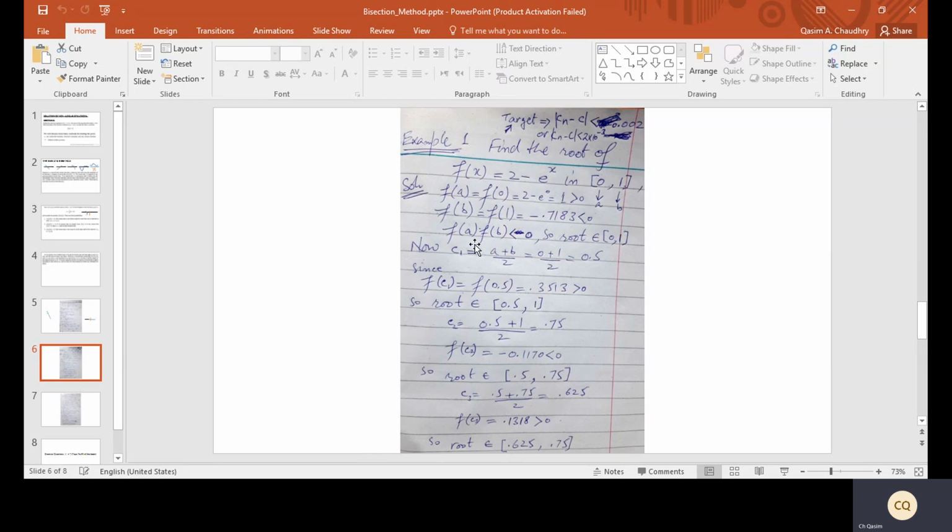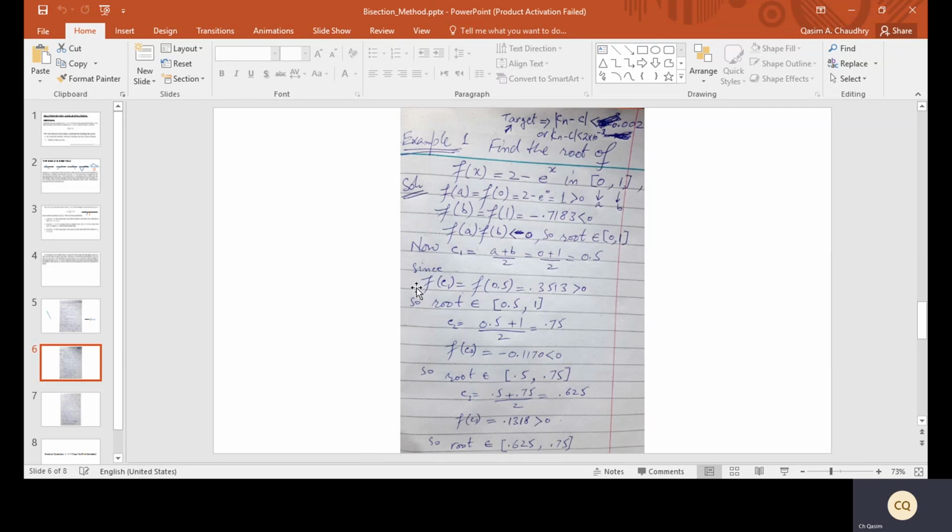So students, f of a into f of b is less than 0. One is positive and one is negative, so it means the root definitely lies between the interval a and b. I have written this: root belongs to 0, 1.